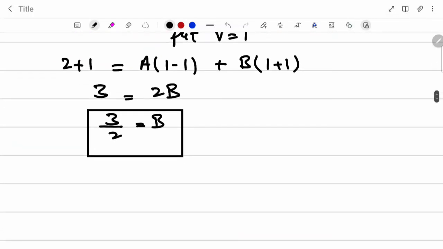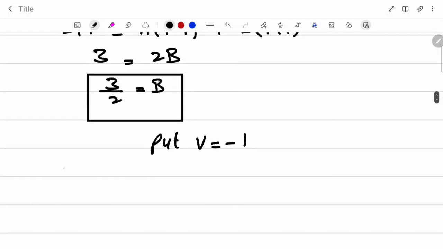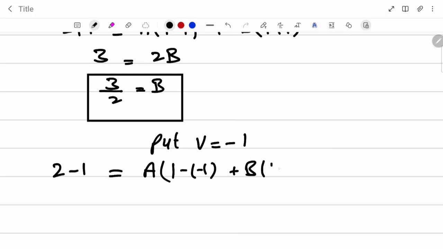Next, we put v equals minus 1. So we have 2 minus 1 equals a(1 minus minus 1) plus b(1 minus 1).